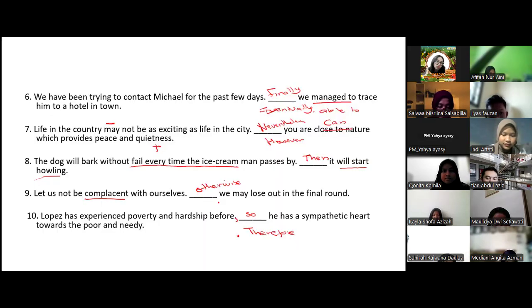Okay, this is the last slide for today's lesson. Does anyone have any questions about sentence connectors or how we use connectors in joining two or more sentences?